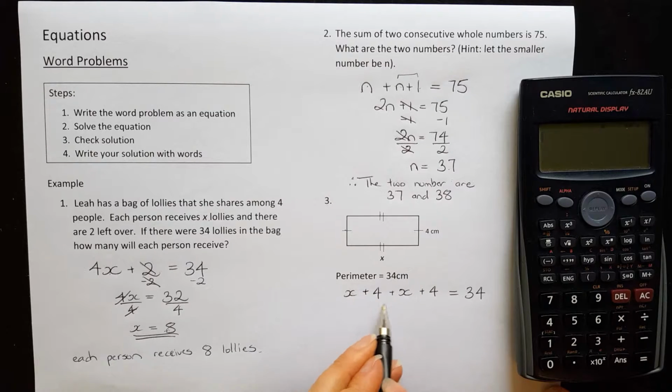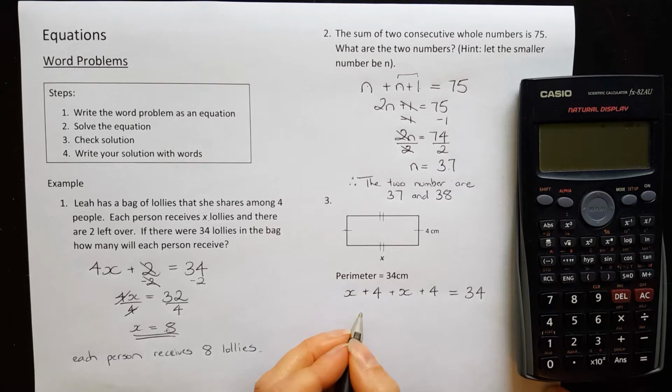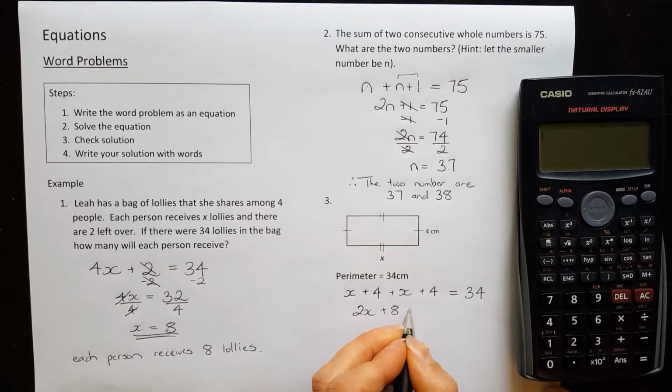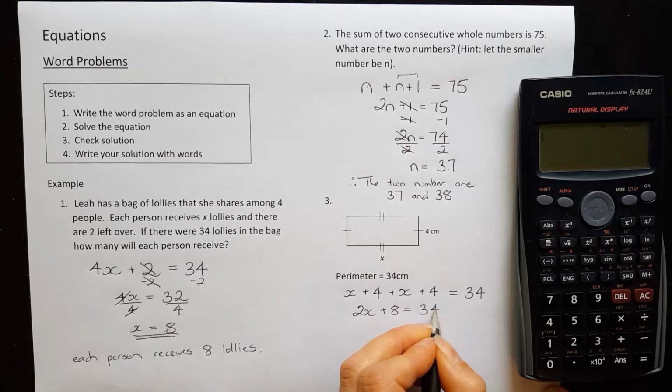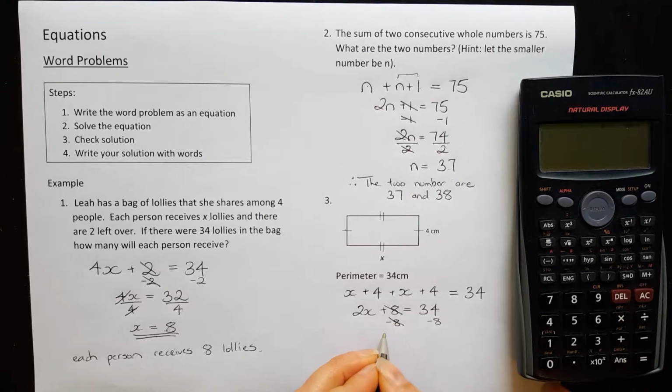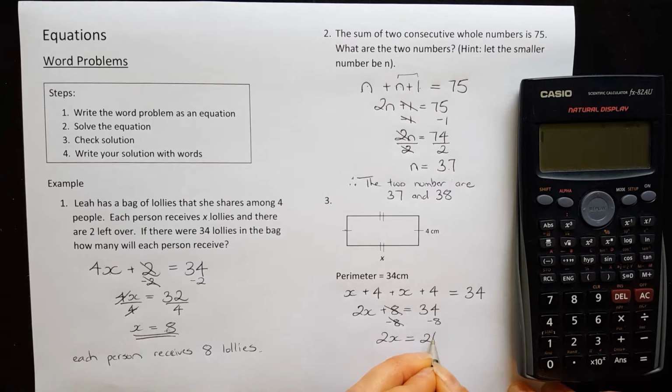Adding these together, collecting them up, we can go x plus x is 2x, and 4 plus 4 is 8, is equal to 34. Now we can solve the equation. Let's subtract 8 from both sides. 2x is equal to 26, and we can divide by 2. x is equal to 13.